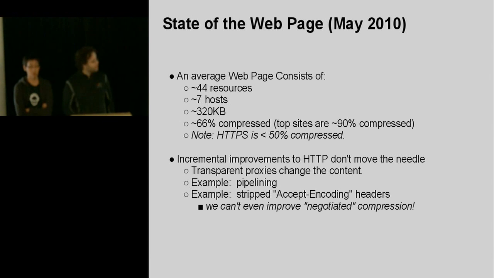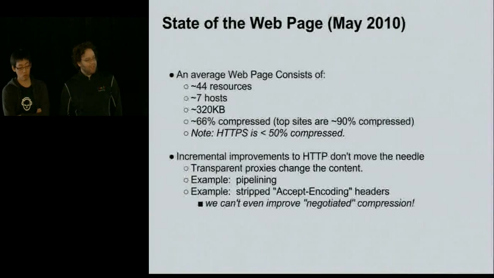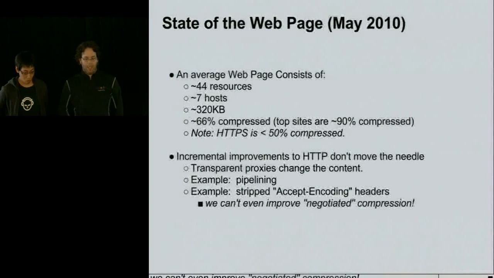So when we looked at this, we realized that, as it says here, the incremental improvements to HTTP didn't really change things a whole lot. And we'd actually tried to make some changes as Google. We'd tried a different compression technology, and what we found was that it ended up being rejected, at least temporarily, by our clients and actually by the internet simply because it didn't work.